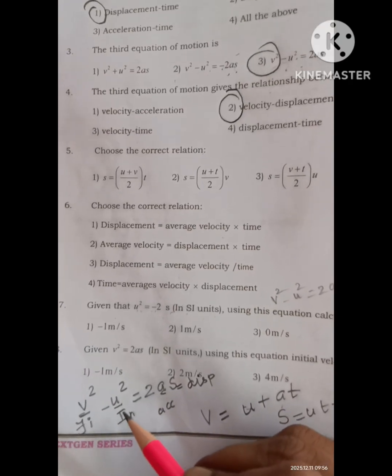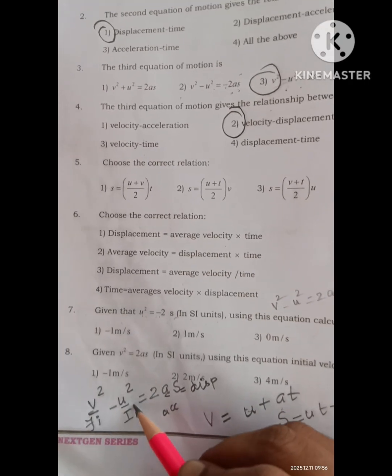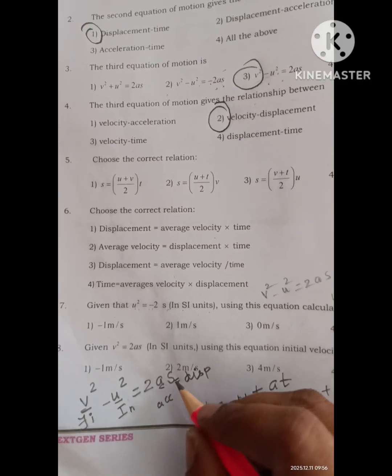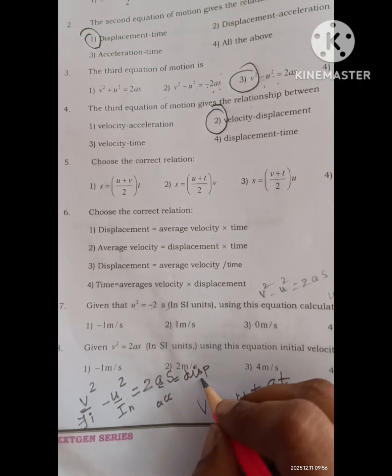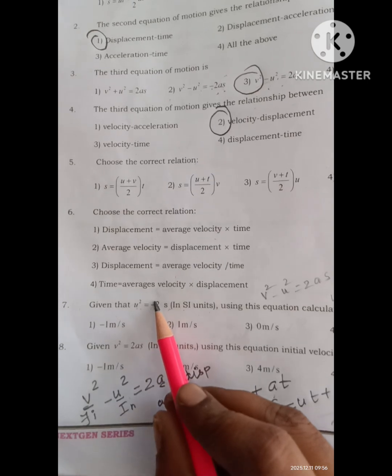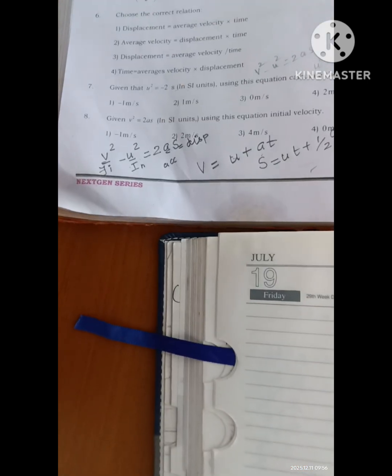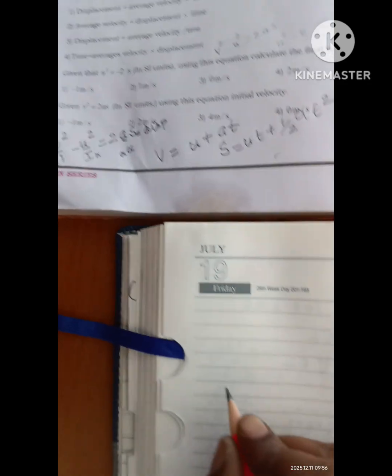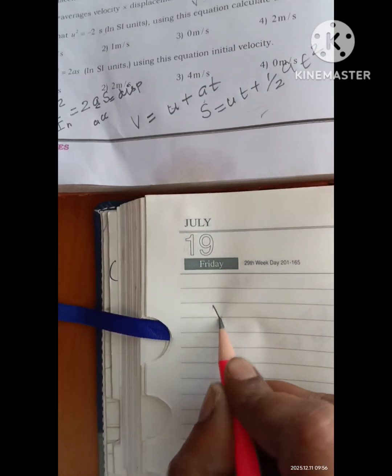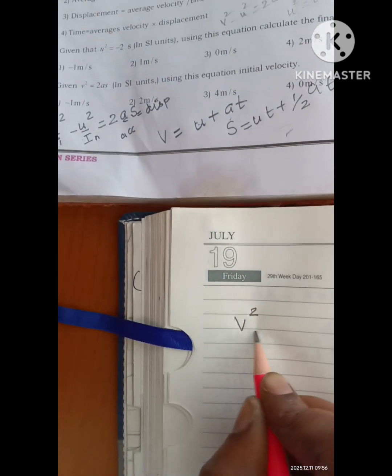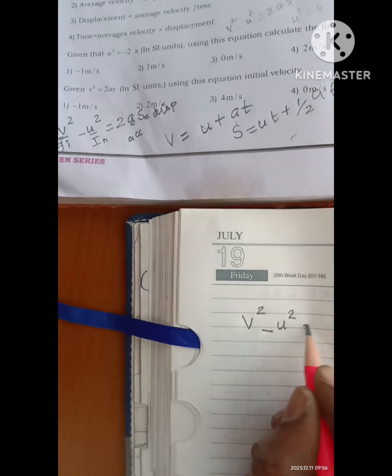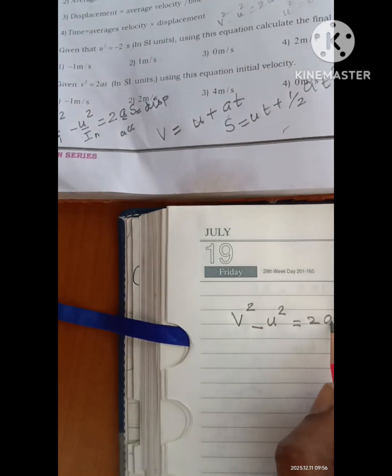V for final velocity, U for initial velocity, A for acceleration, S for displacement. Now, this equation is in the form of the third one. So let me write it here. Third equation is V square minus U square is equal to 2as.